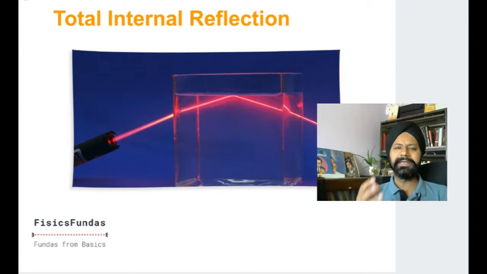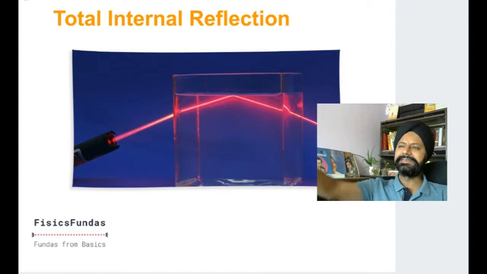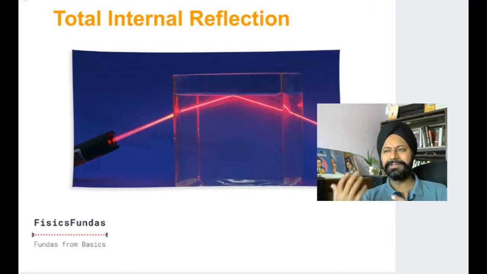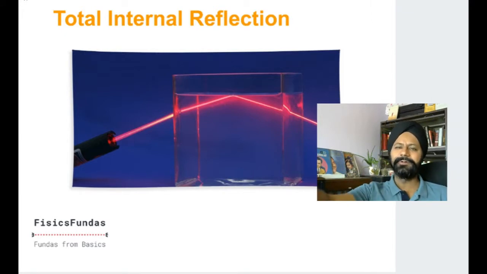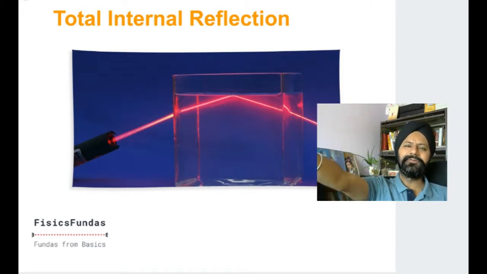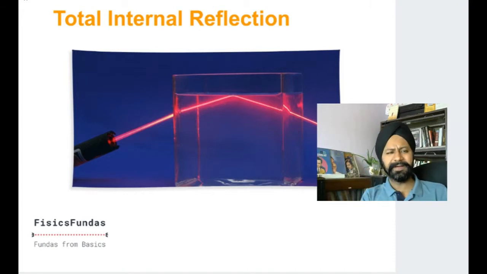The poor deer thinks there is some water there, starts running towards that, and eventually it turns out there's nothing, and the poor deer keeps running, because as the deer comes closer, the water patch has moved forward. This is all total internal reflection. In upcoming videos, maybe I'll make tiny videos talking about that, but today I'm going to talk more about fiber optics and rainbows as applications of this.